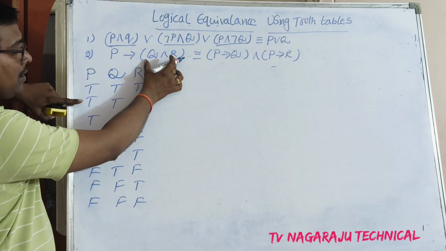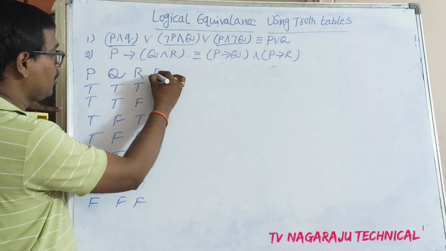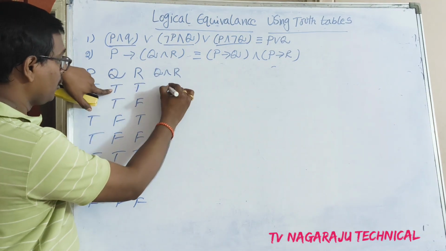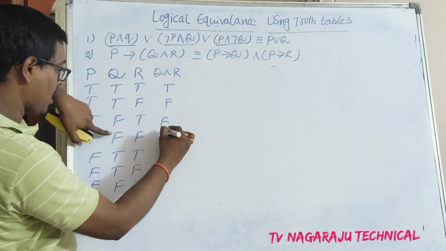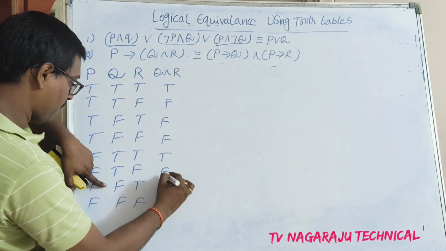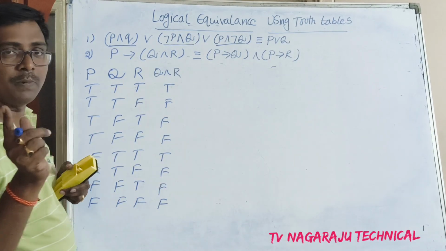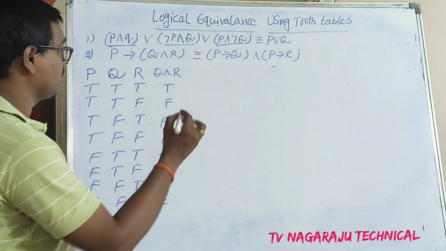Do it one by one. First, perform Q and R: true, false, false, false, true, false, false, false. You know the AND operation: if both are true, then only the result is true.